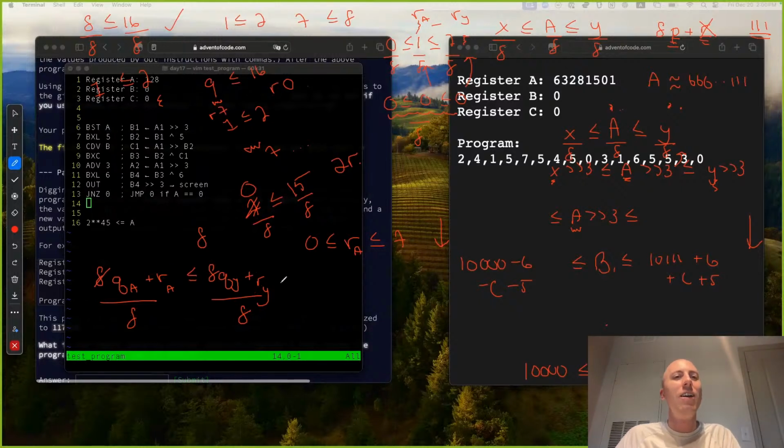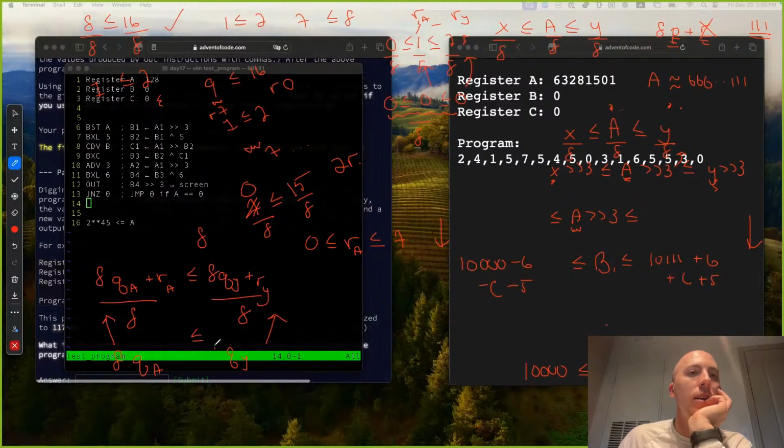Okay, so you say less than or equal to, so down here we just have QA is less than or equal to QY. That goes away. But then we go back up in reverse, and we multiply these by 8 now.